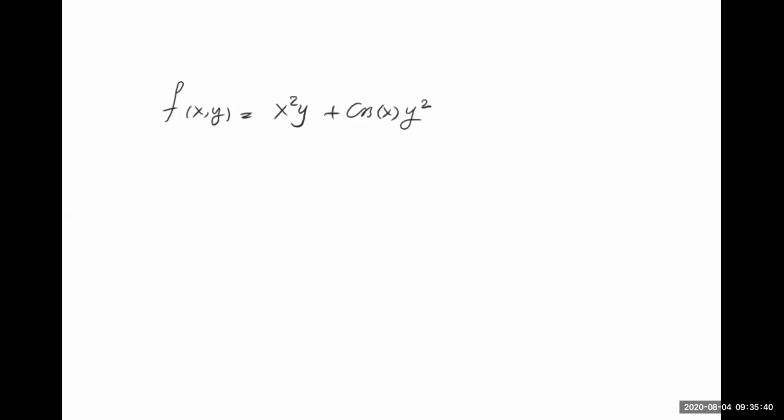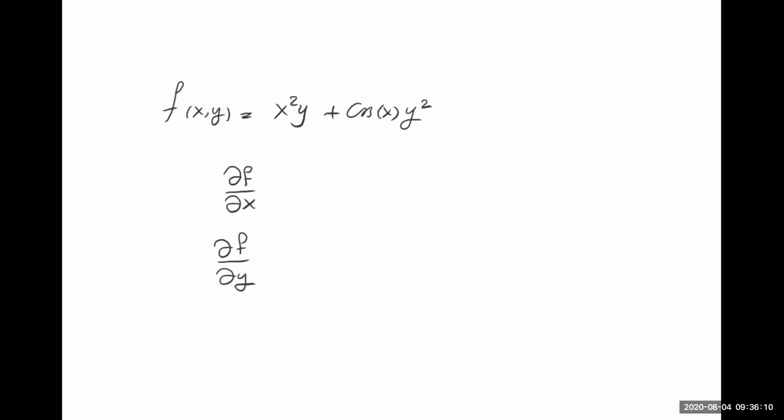How can we decide to what extent f is dependent on these two variables x and y, and how much they would affect the function f if we change x and y? Actually, the answer is: the partial derivative of f with respect to x shows how much f depends on the change of x, and the partial derivative of f with respect to y shows how much it depends on y.